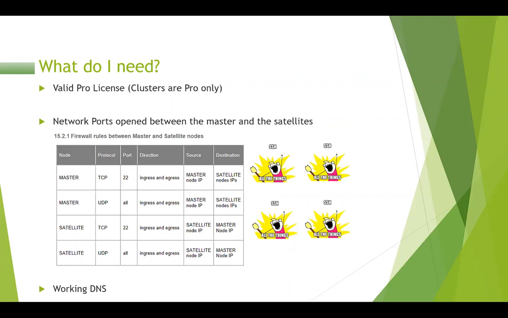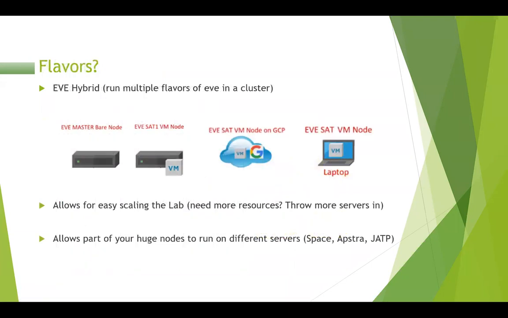That's also very important because, if not, stuff will break, definitely. There's no need for an extra license for the cluster. Yes, that's what I mean. Exactly. You just need the master Pro license, right?